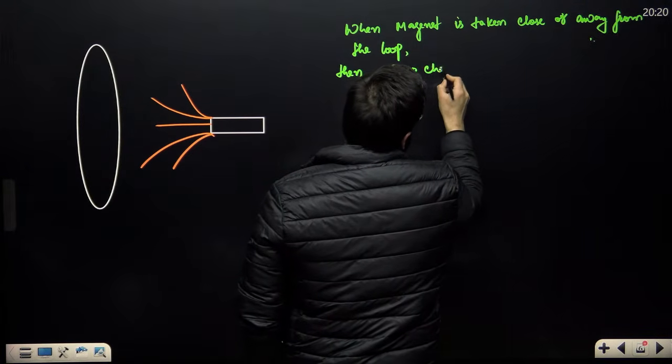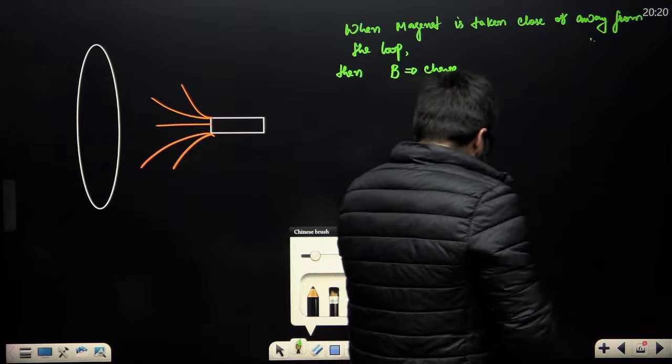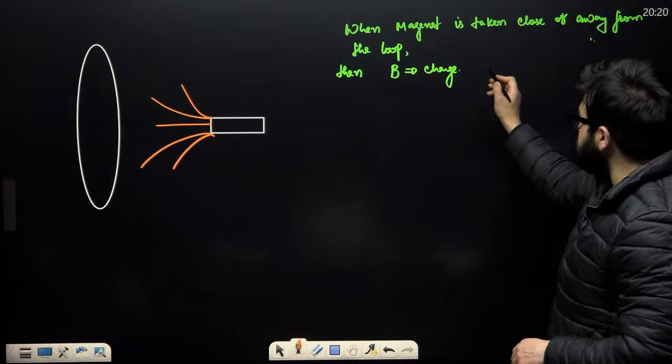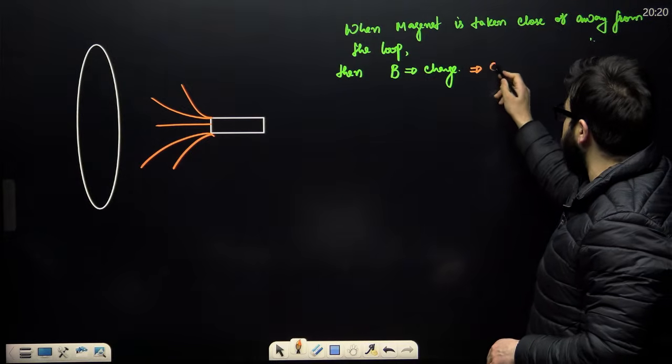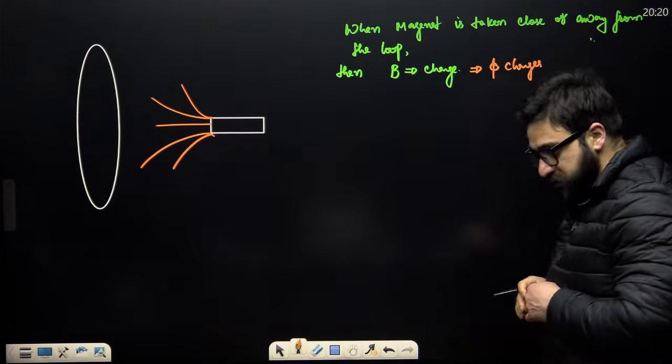The magnetic field through the loop will increase or decrease. If the magnetic field changes, I can say that because of that the flux changes.